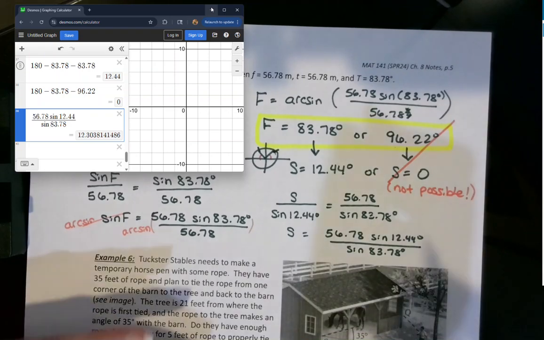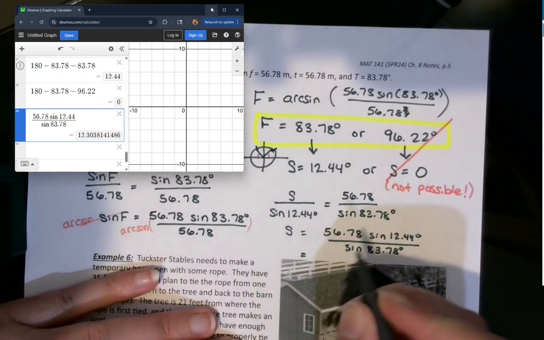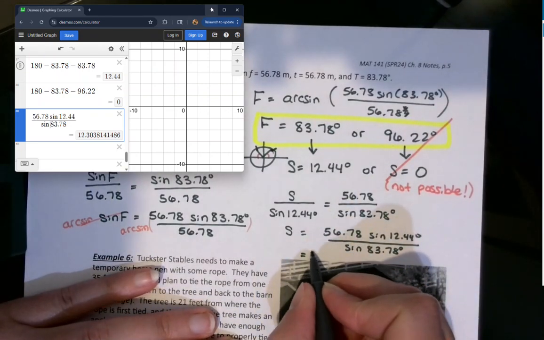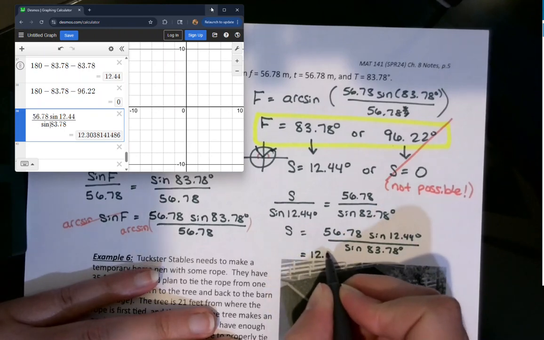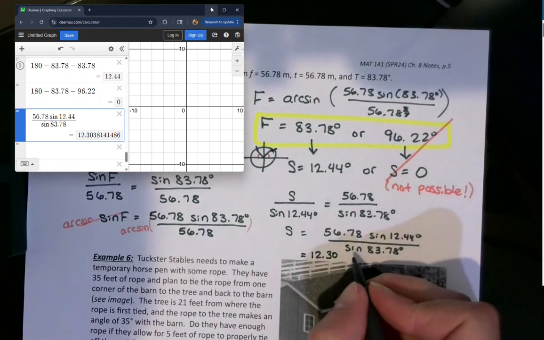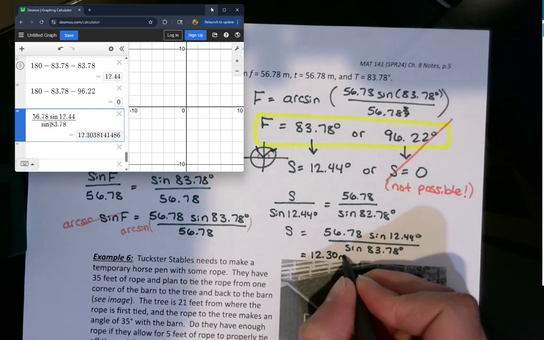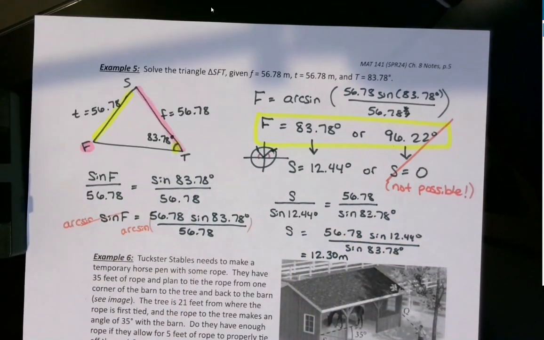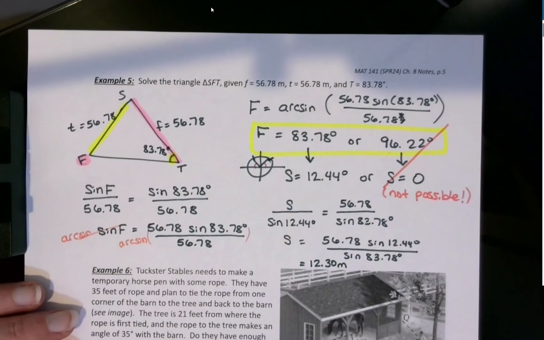It's not absolutely necessary, so I've not been writing them in. And this gives me a side length of 12.3. I'm going to write down the 0 since the others were in 2 places. And units as well. This is in meters.